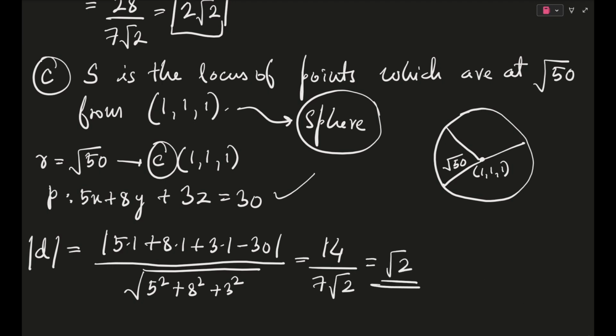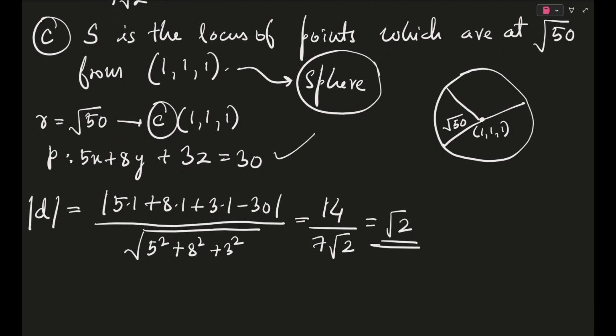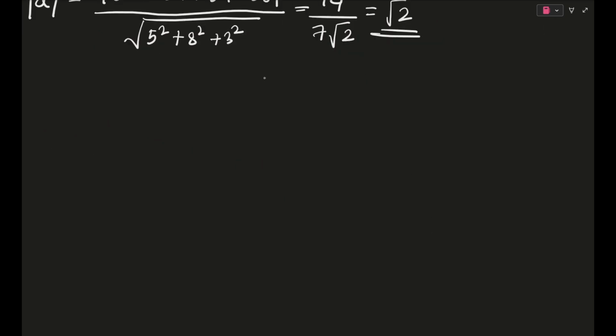Okay. So now, like our question said, the bounded area of the shape formed by the intersection of plane P and the sphere. Plane P and the sphere. So they are trying to say that this will be something like 48 pi. So let's find that out. Okay.